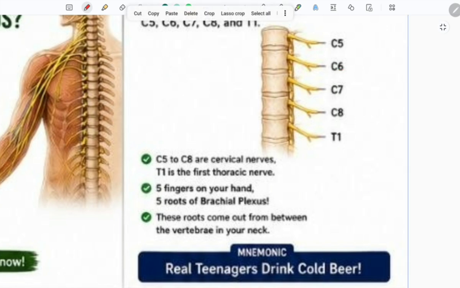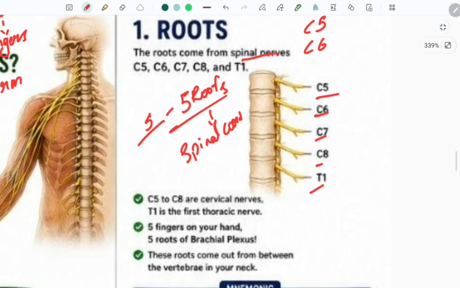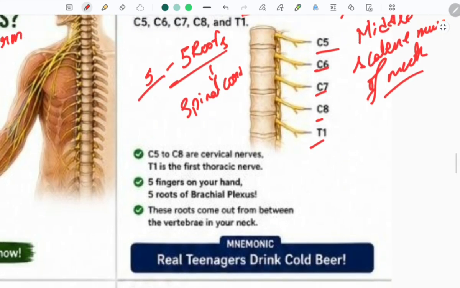These roots emerge from the spinal cord and pass between the anterior and middle scalene muscles of the neck.